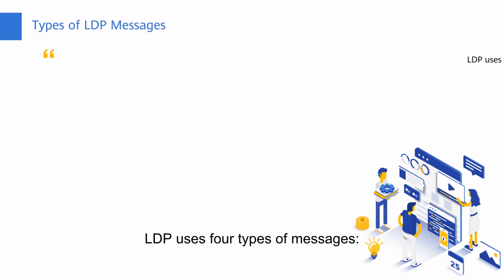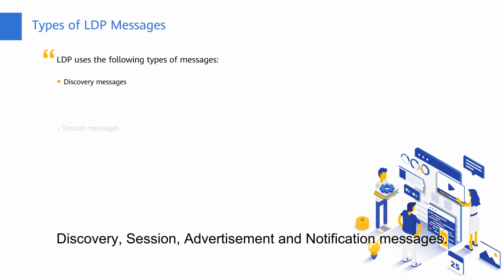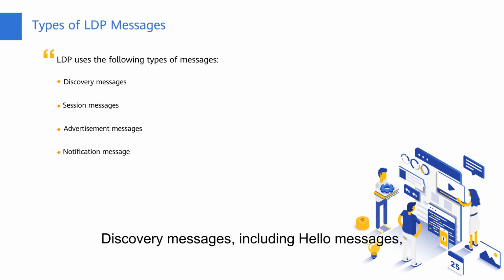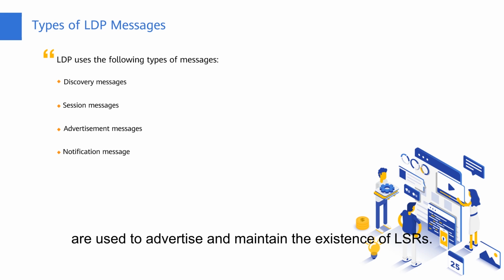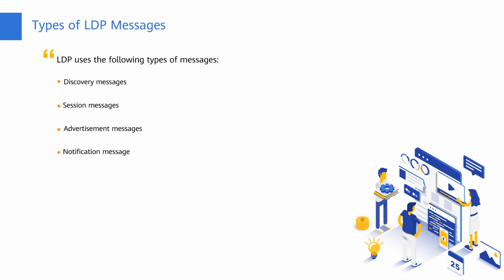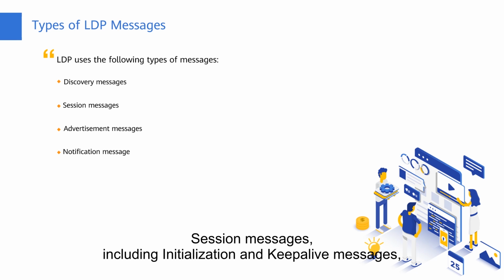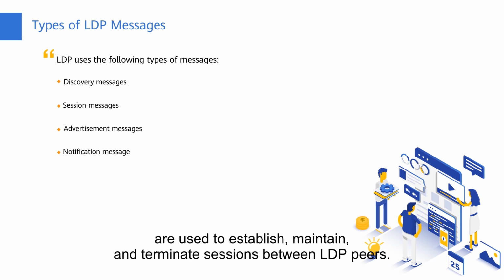LDP uses 4 types of messages: discovery, session, advertisement, and notification messages. Discovery messages, including hello messages, are used to advertise and maintain the existence of LSRs. Session messages, including initialization and keepalive messages, are used to establish, maintain, and terminate sessions between LDP peers.